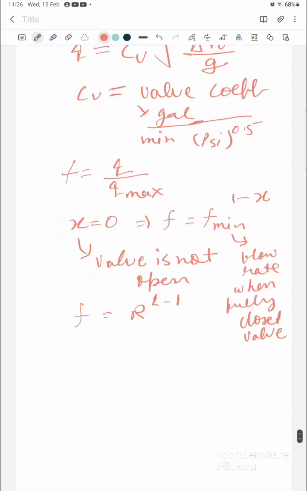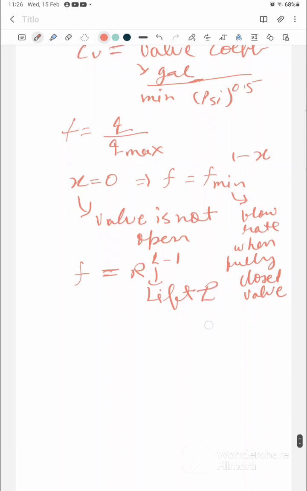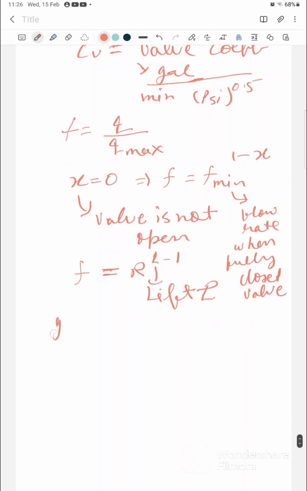So F minimum is R to the power L minus 1. Sometimes we say this is lift L. G is defined as specific gravity.